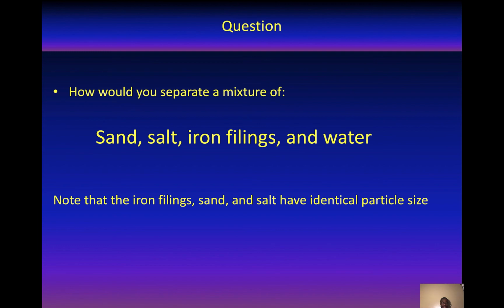If I want to collect my water, then maybe I can do a distillation, whereby the water evaporates and then condenses, and I collect my water. But if I just evaporate the water, the water would all evaporate and leave out the salt. The salt will crystallize out. So that is how I would separate this mixture.